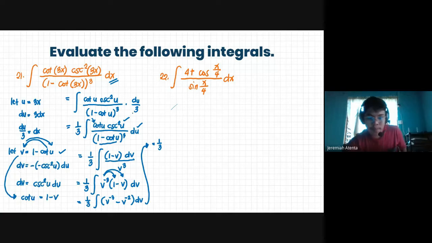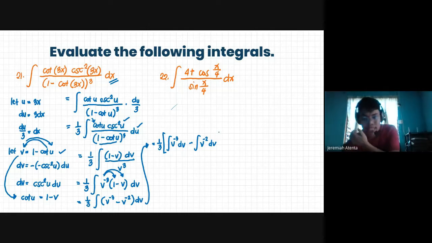So this will become 1/3 times the integral of v to the negative 3 dv minus integral of v to the negative 2 dv. So that's it. Right? Did you get it? Then after that, we can now apply the power rule in integration.